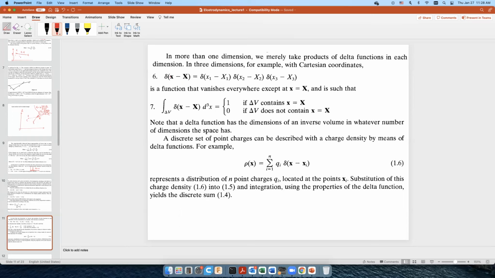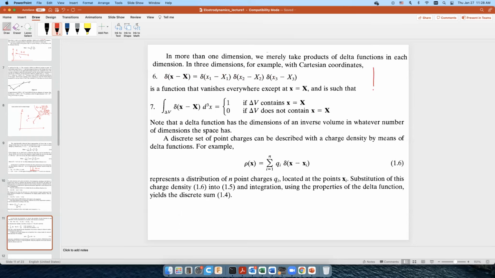Then delta of x subtracted by capital X equals delta function in x1 times another delta function in x2, times another in x3.